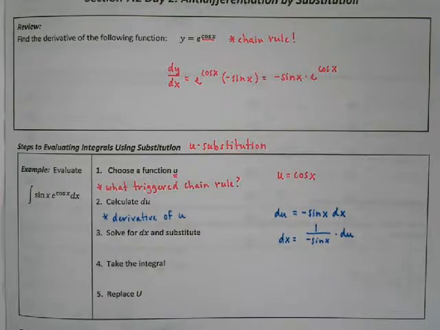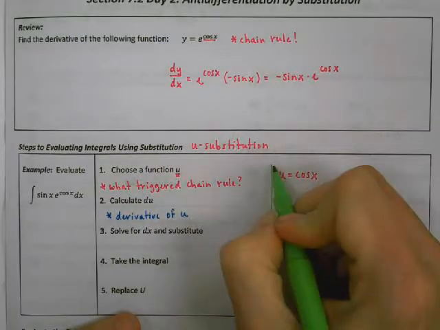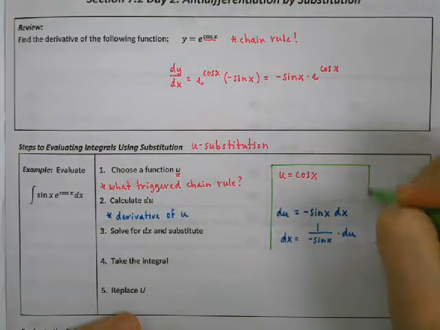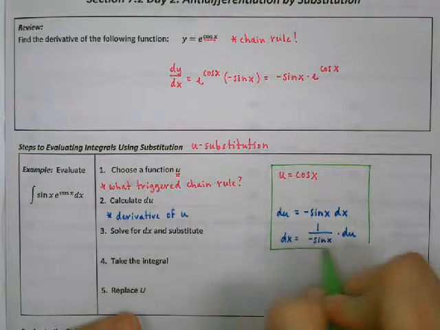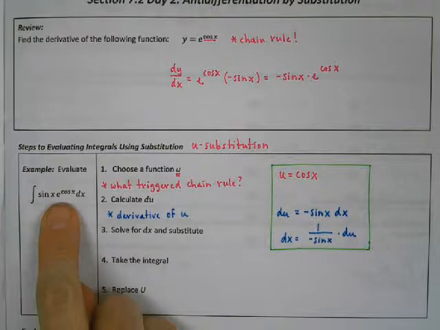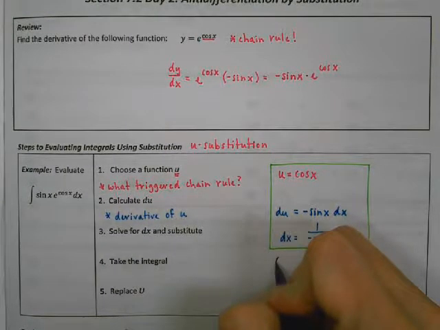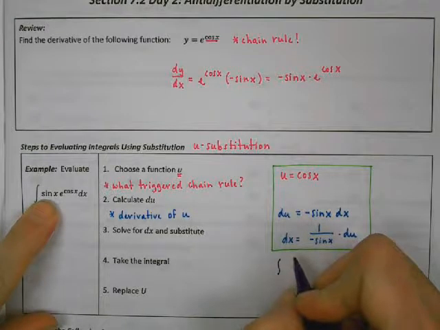All right. At this point, we have some information here that we're going to need to go back to our original integral with. So here's what we're going to do. We're going to take these pieces and we're going to substitute into our original integral. So here I had the integral. I'm going to keep my sine of x.